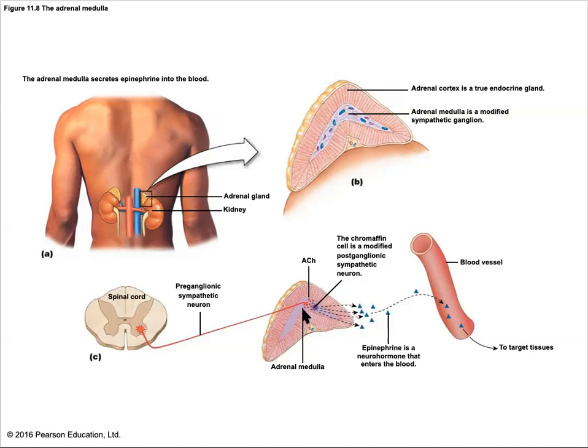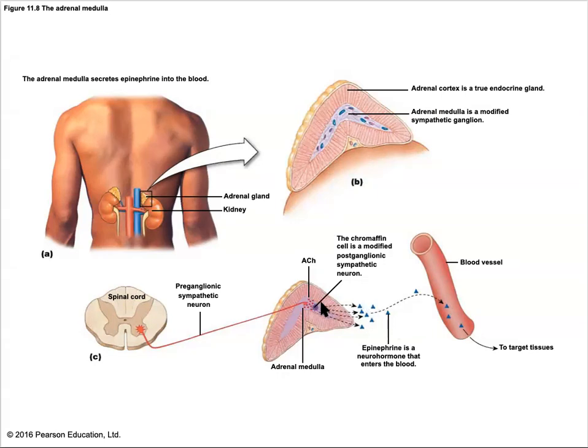And these specific postganglionic sympathetic neurons have another name, the chromaffin cell. Okay, and so the chromaffin cell is seen as a modified postganglionic sympathetic neuron because they don't have that long axon that's normally seen in other parts of the sympathetic division.